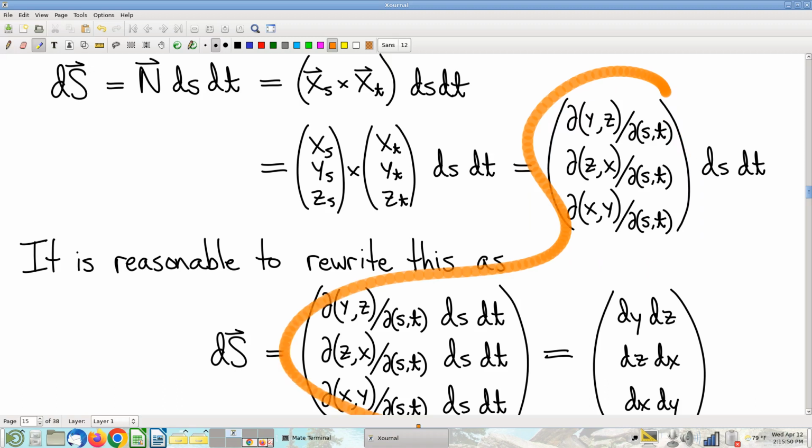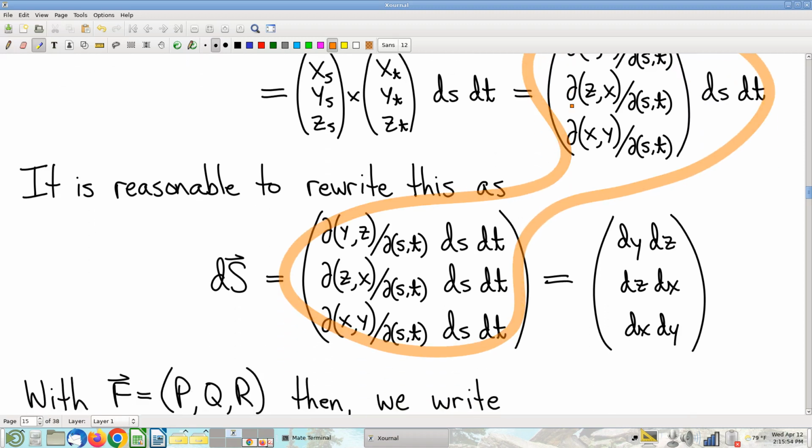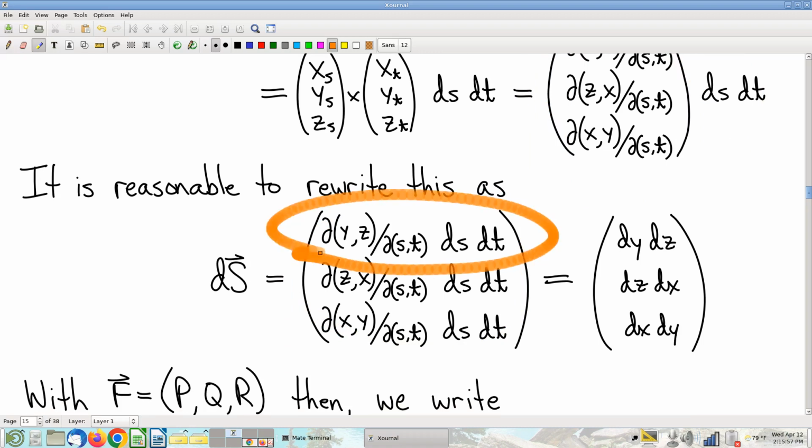But anyway, I'm just going to run with this as it is and point out that you can distribute the ds dt, and then you look at these coordinates, and it's pretty believable. Now, again, forgive me for the math crime here, but I'm going to pretend it's as if those cancel, right? They don't. But it's as if those cancel, and with that in mind, we would naturally want to call that dy dz. And likewise for the other coordinates.